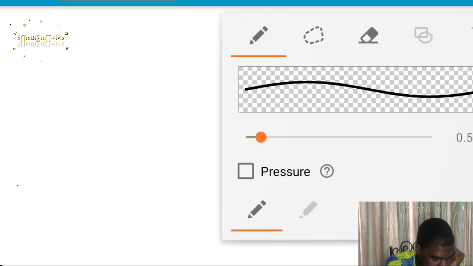So let's take another example. Let's say we have to convert 40 to mode 7. So that will be 40 over 7. The closest number that is a multiple of 7 to 40 is 35. So 35 divided by 7 is what? 5.